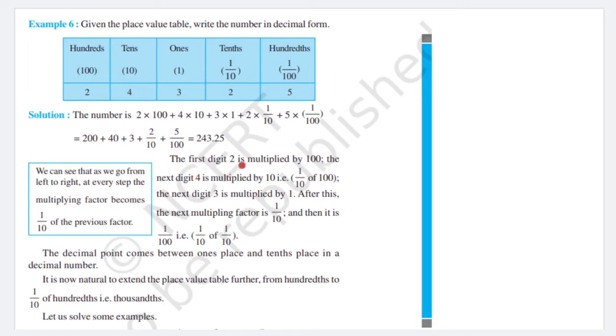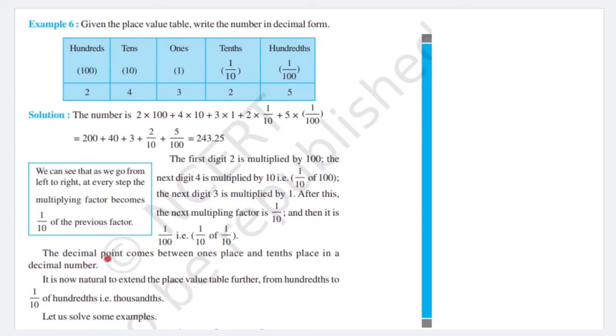The first digit 2 is multiplied by 100. The next digit is multiplied by 10, that is 1 by 10 of 100. The next digit is multiplied by 1. After this, the next number is multiplied by 1 by 10. The next one is multiplied by 1 by 100. The decimal point comes between the ones and the tenths place in a decimal number.